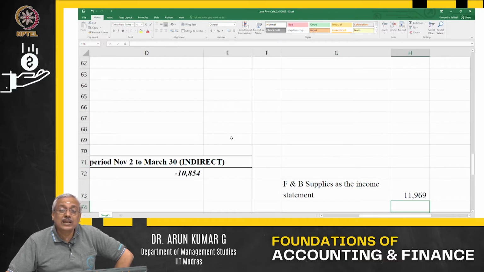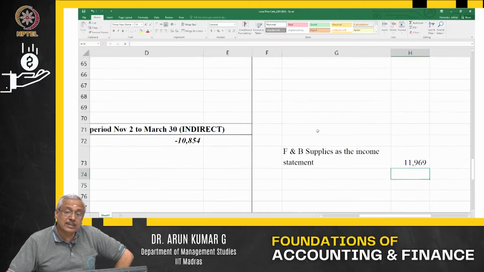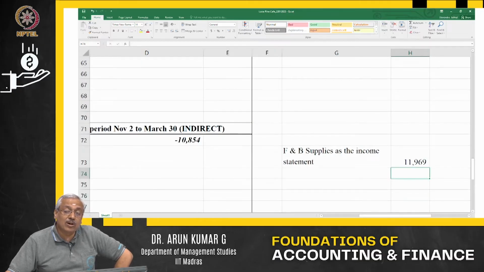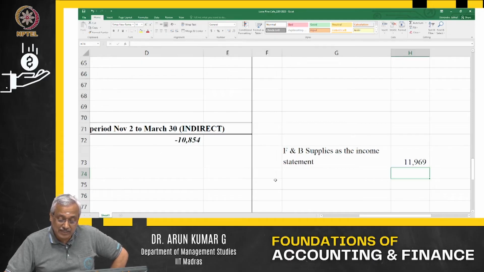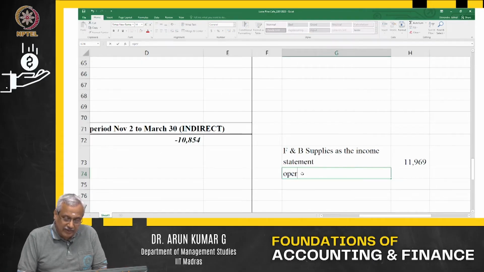That is being utilized. But what is the total stock that is available to you for the period between November 2nd and March 30th? What is the total amount of supplies that was available to you between November 2nd and March 31st? Now, opening stock of supplies.